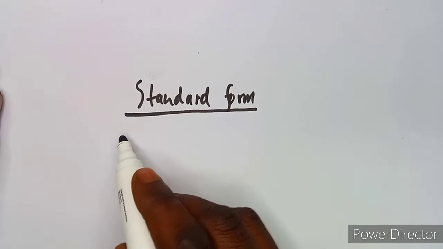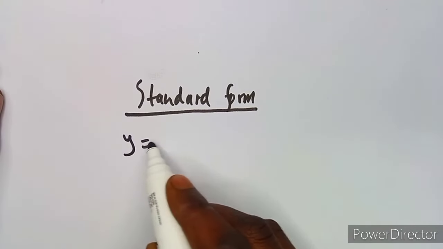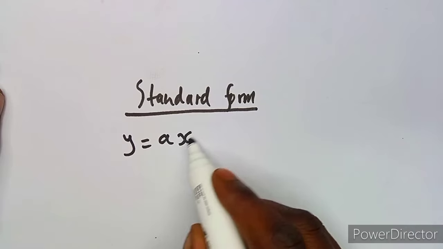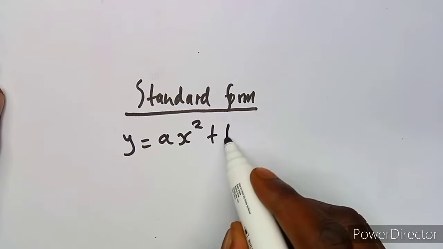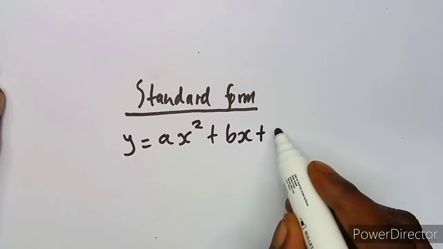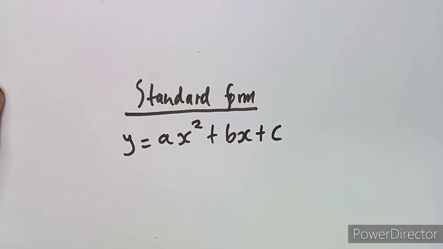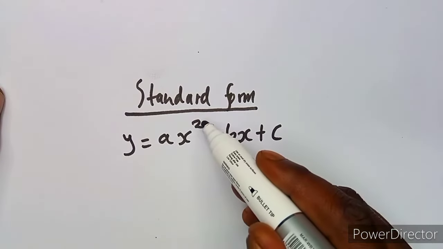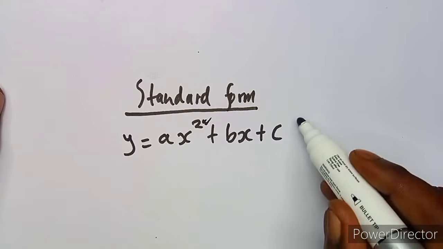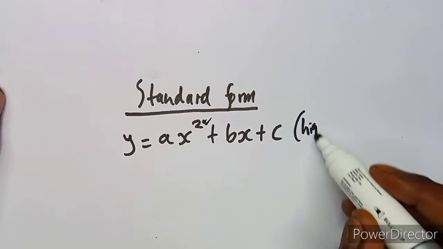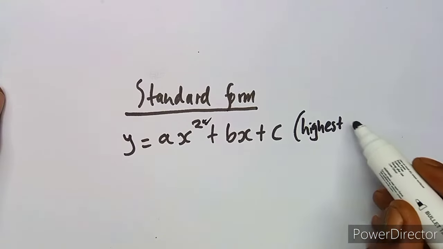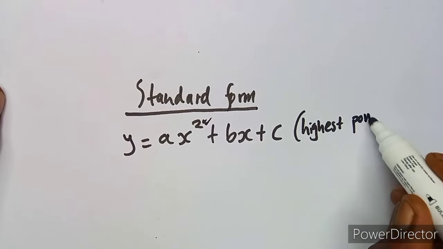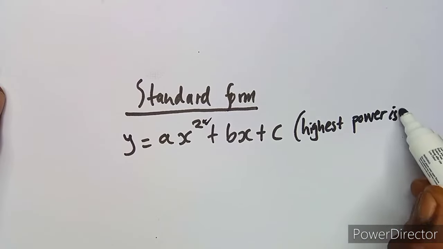Here we are talking of a graph which is represented in the form of ax squared plus bx plus c. This type of graph has the highest exponent of 2. That is what is important here. The highest power or exponent is 2.